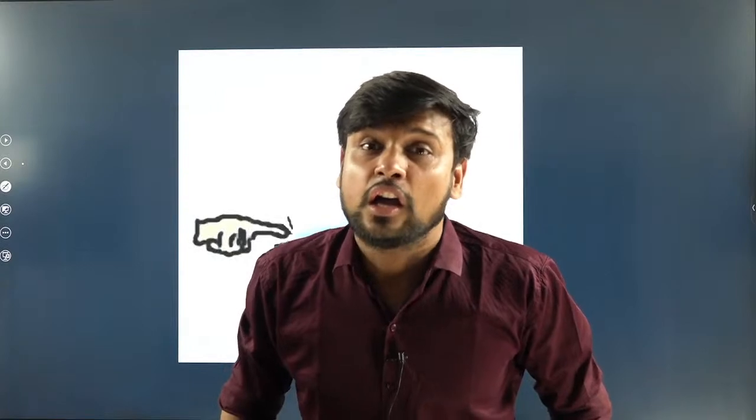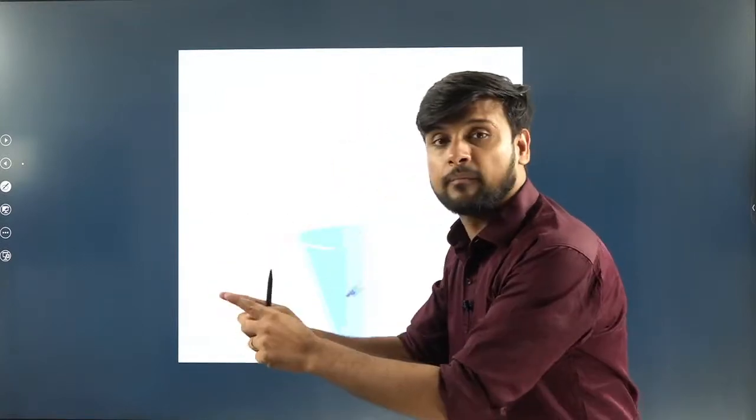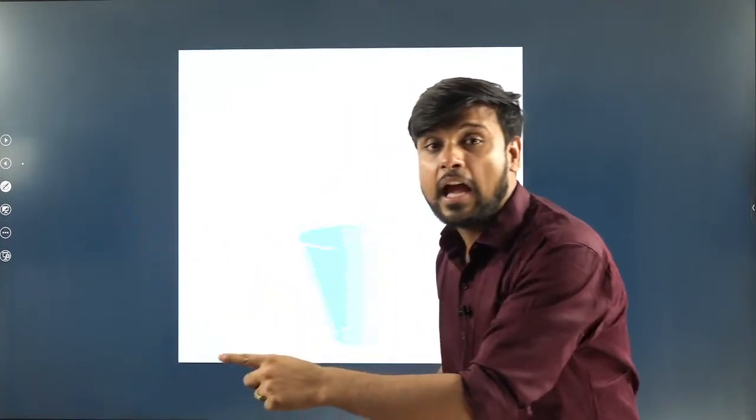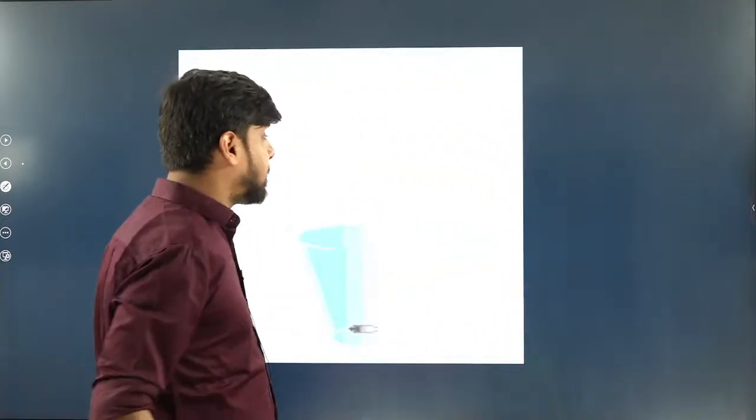If I want to change the velocity in this direction, what I require is a force. That's what Newton said according to the first law: if a body is in motion, it will remain in motion until and unless an external force is applied in that direction. That's the simple meaning.